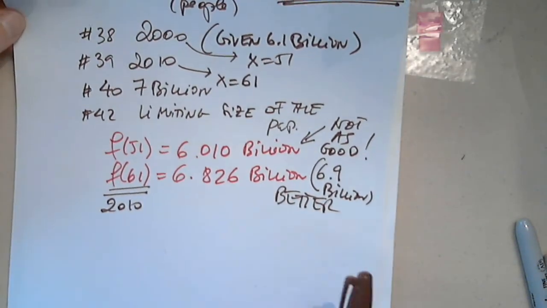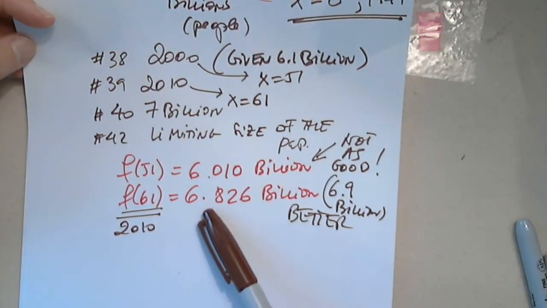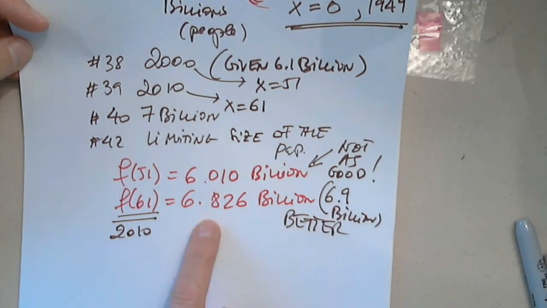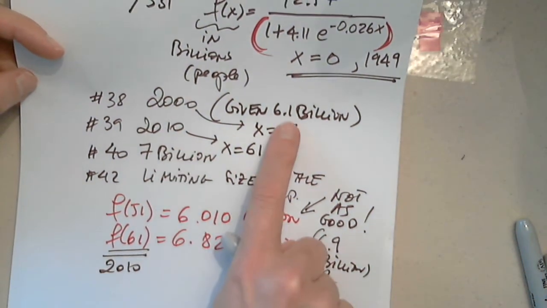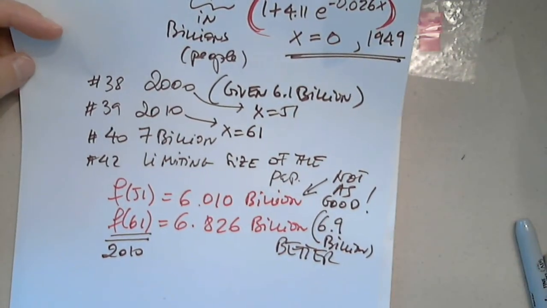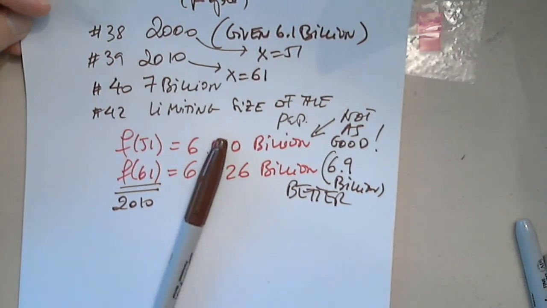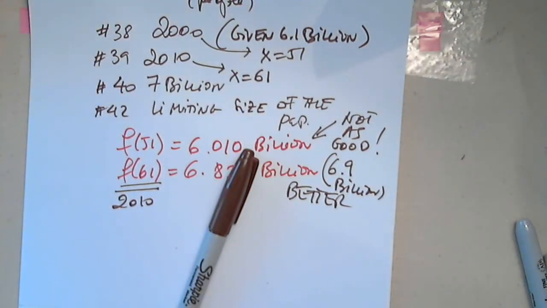It doesn't have to work for all of them, but for 61, in other words, for 2010, it's a much better approximation of the actual. This is the actual, and this is what the model gives us. Here the actual is 6.1, and this is 6.0. So not as good.